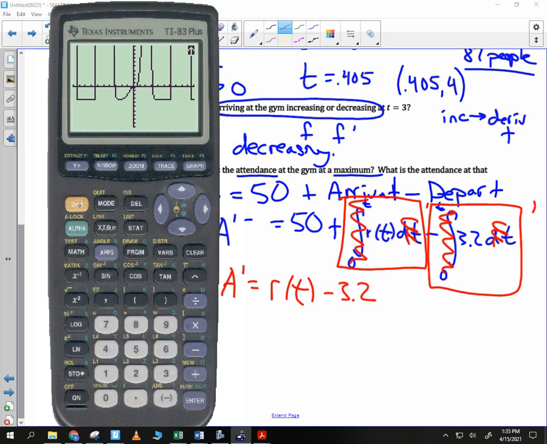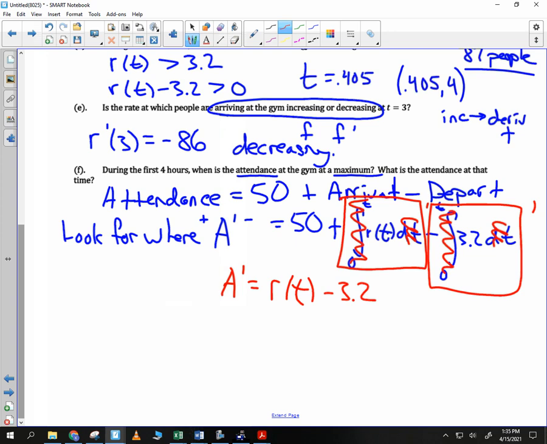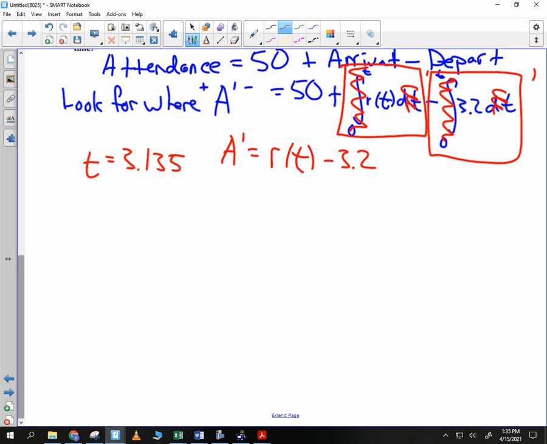Let's find out. Second calculate, zero. That happens at 3.135. At time equals 3.135, that's when it has a maximum.